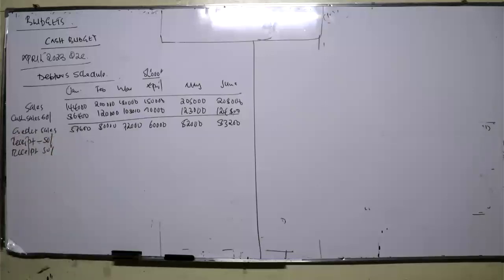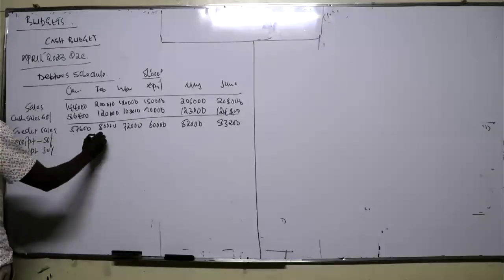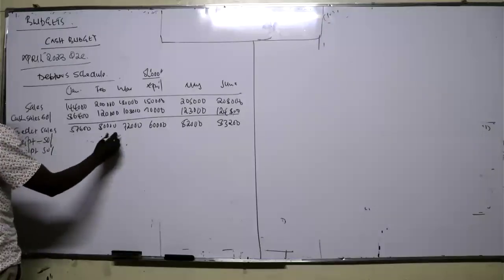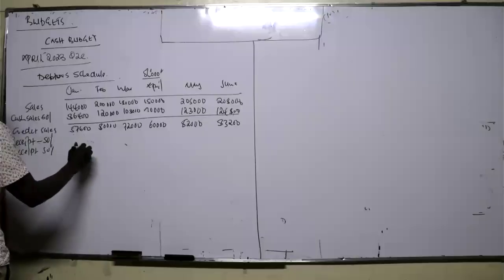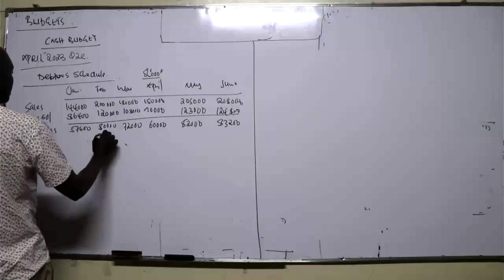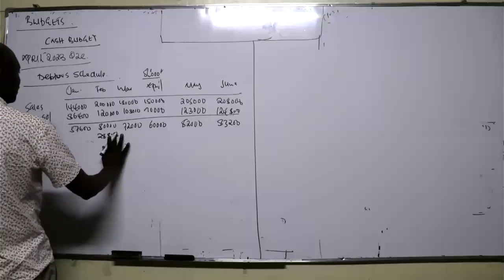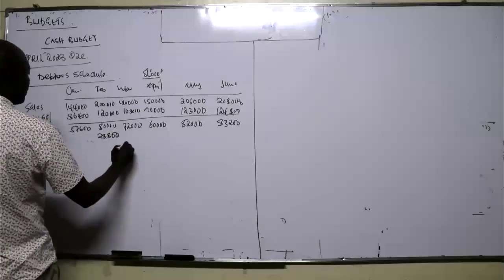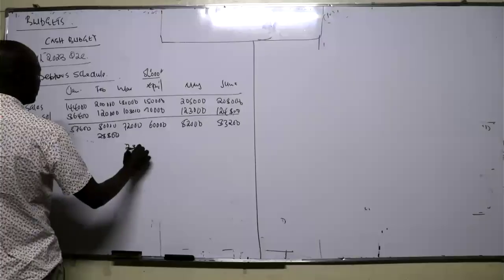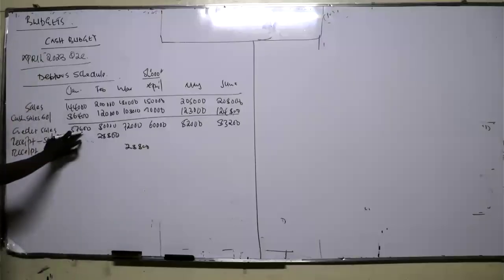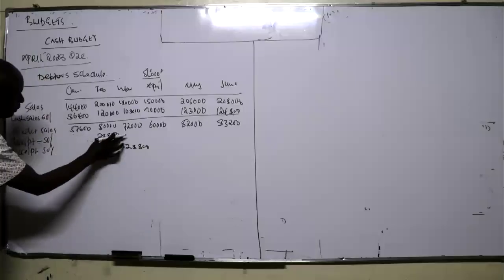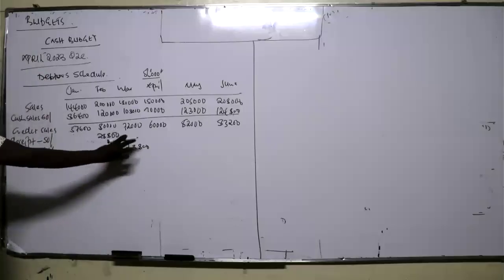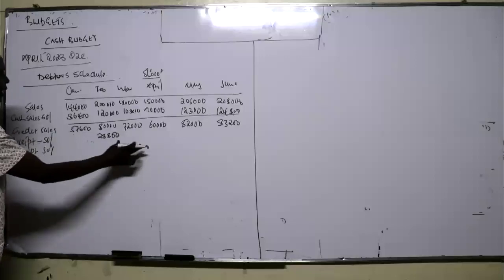So 50% here is how much? 28,800, isn't it? And the remaining you collect here, 28,800. So now we are following the payment of this one. The first 50% have been collected here, and the next one has been collected here. Then now we are here.